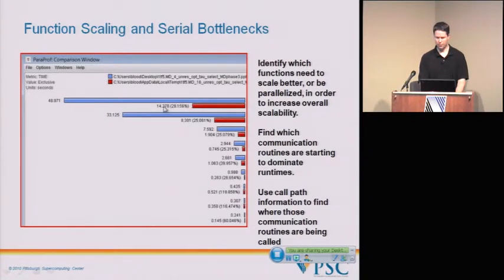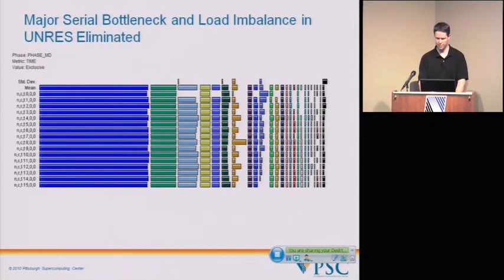So now we've only got 14 seconds in that loop. Especially as you go from 16 up to 32, some of these routines that aren't scaling are going to become a bottleneck. So you can find which ones you need to focus on and address. Maybe it wasn't important to parallelize them before, but now it'll be important if you want to scale up.